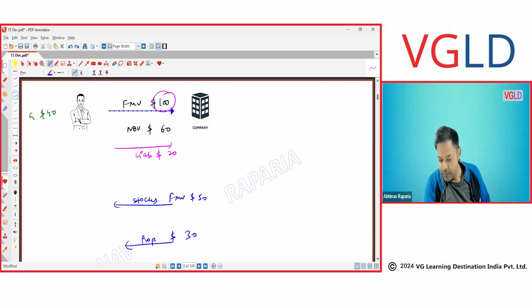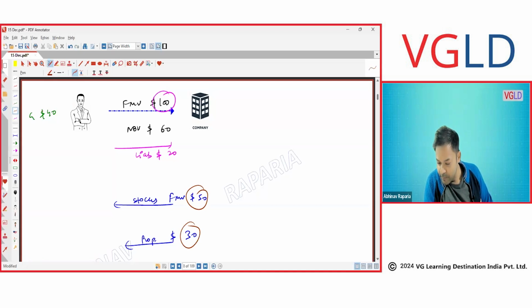Charlie, how much would you give to the shareholder? Point clear or not? 80. Are they not giving 80? Yes, they are giving 80 only. Is the transaction equal, guys? Yes, the transaction is equal. I hope the point is clear.